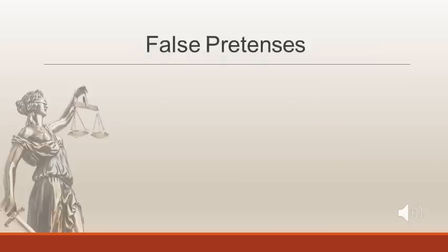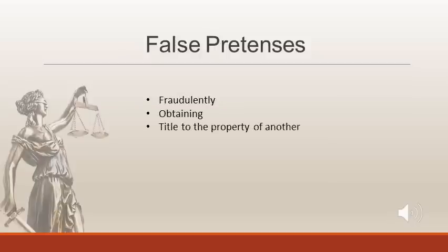The crime of false pretenses is very similar to the intentional tort of misrepresentation. For false pretenses, you need fraudulently obtaining the title to the property of another by means of knowingly false representations.